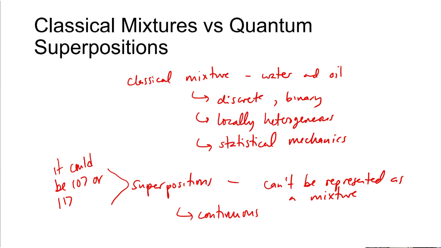You have 0, you have 1, and then you have alpha times 0 plus beta times 1. In our qubit, we have a ground state and an excited state. It's two discrete states. But the interesting thing that quantum mechanics tells us is that we can have those two states, and then we can have every other possible combination of those states based on probabilities.